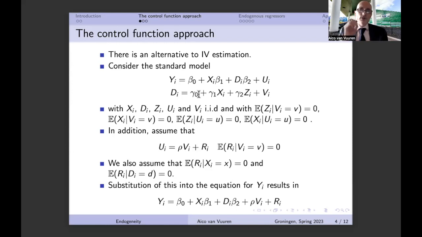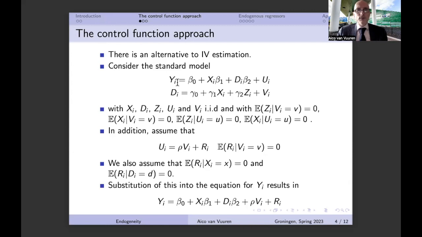Endogeneity can also be taken into account in other ways, such as fixed effects, but for fixed effects you need a panel data model. So IV estimation is so far the only method you have seen that can very generally take endogeneity into account. But there are alternatives, and one of them is the so-called control function approach.